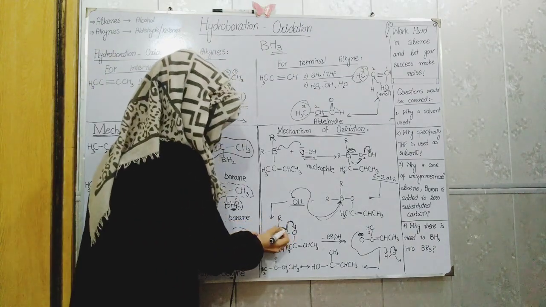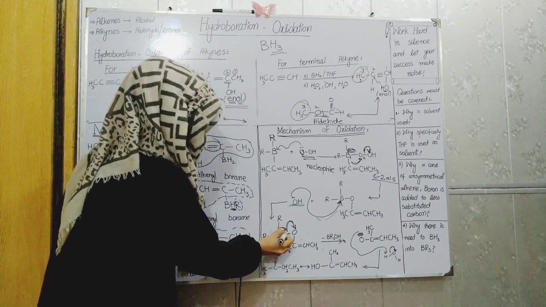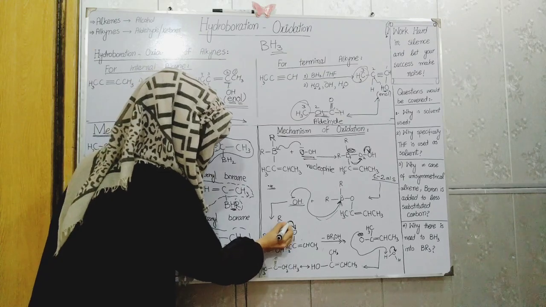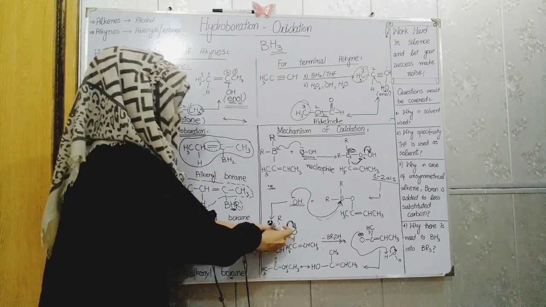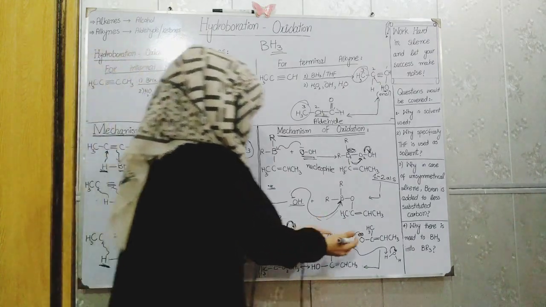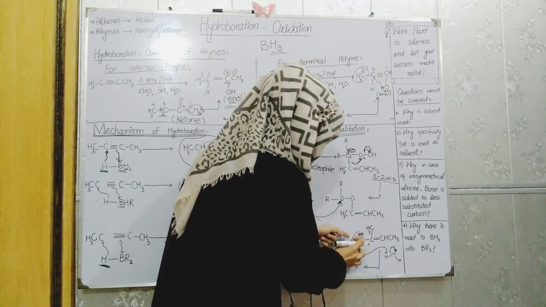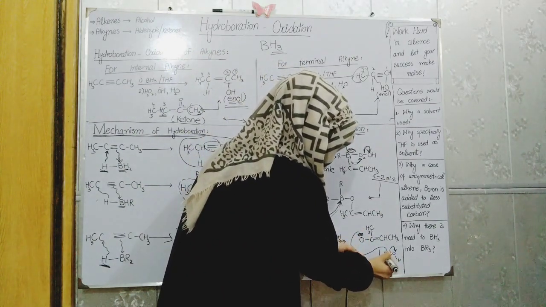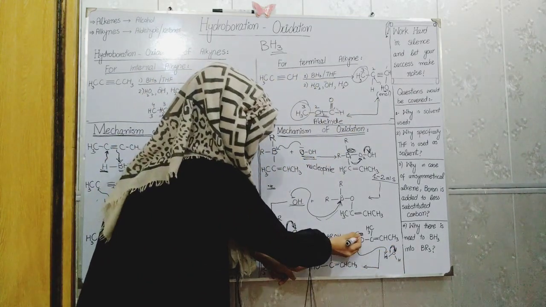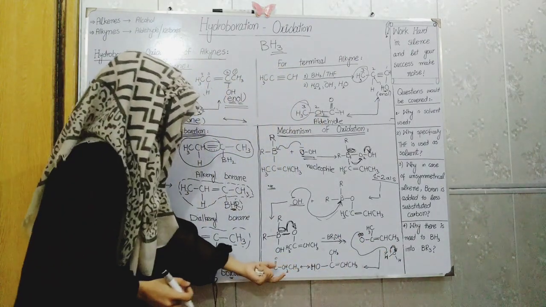And oxygen has a negative charge because we know that one bond is formed from 2 electrons, and this arrow shows that oxygen is leaving by taking the shared pair of electrons, so it will get a negative charge. And now this negative charge takes a proton from water, and this hydroxide and this leave as a leaving group. Now here we put the proton which it obtained from water.